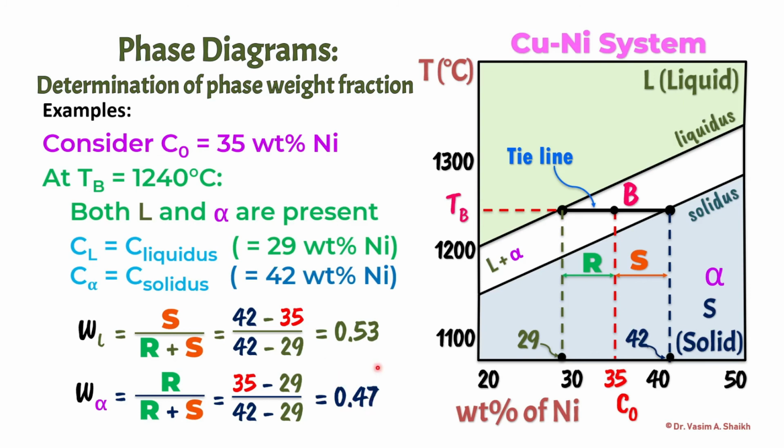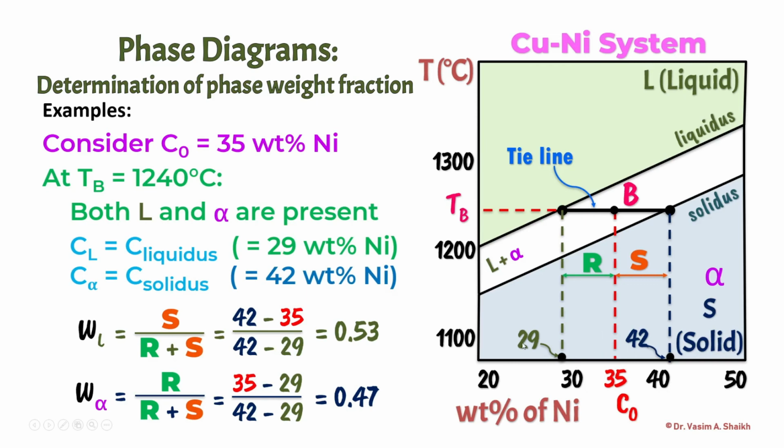So 53% is liquid and 47% is solid. If a point is anywhere in the liquid plus alpha phase region, we just have to take that point and draw a tie line. As soon as we hit the liquidus or the solidus line, we take that line vertically down and do the same thing.